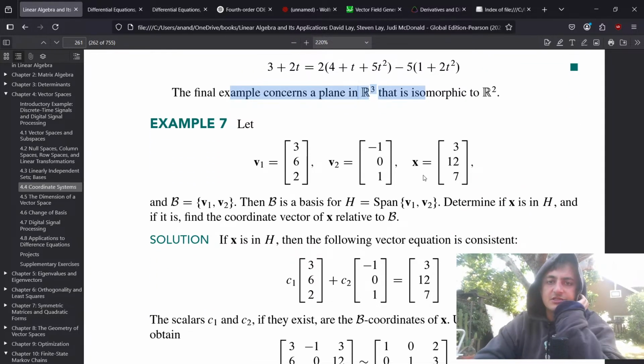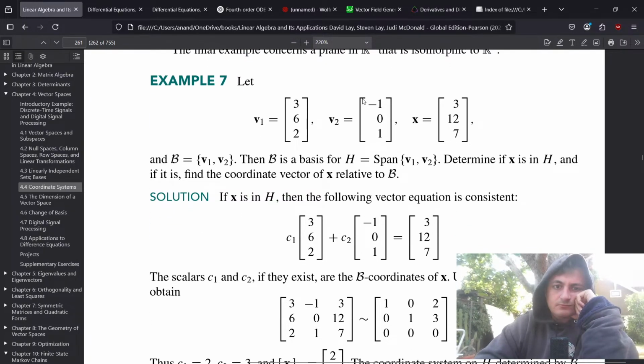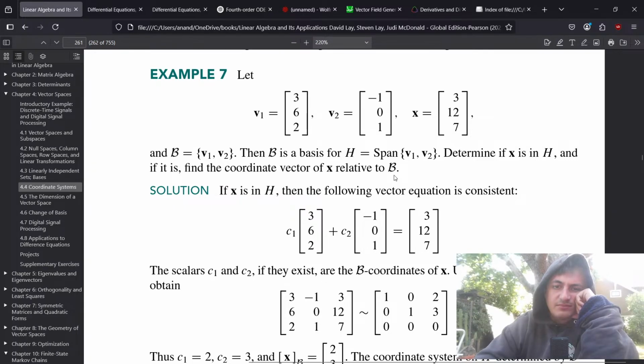The final example concerns a plane in R3 that is isomorphic to R2. B is a basis for H equal to the span of v1 and v2.